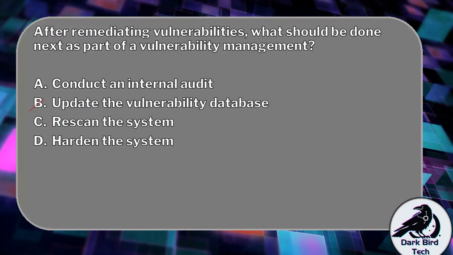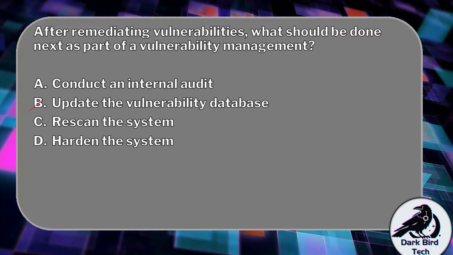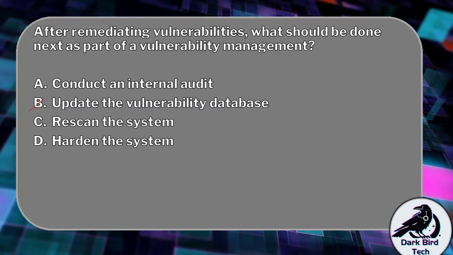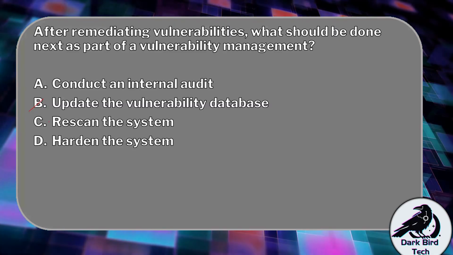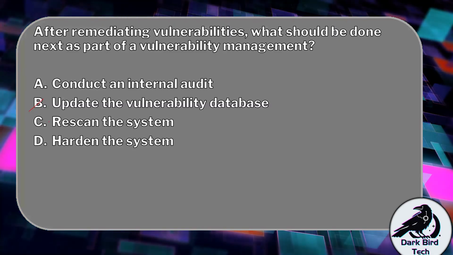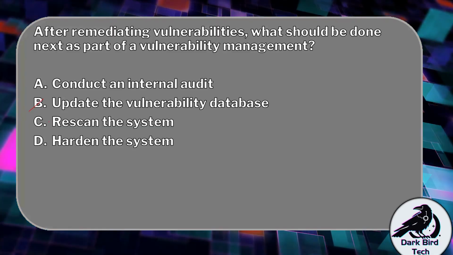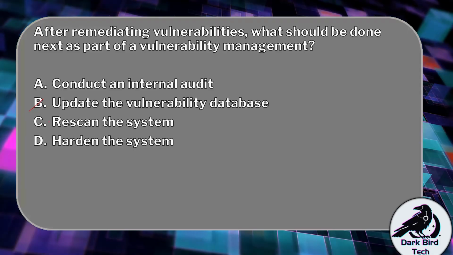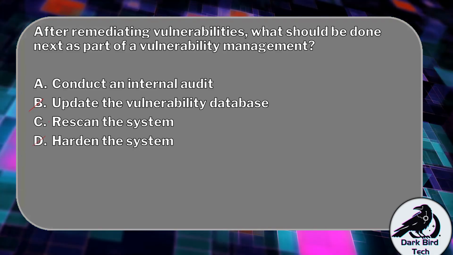I'm liking that. But what about hardening the system? Well, technically speaking, vulnerability management is part of the system hardening practices we encourage. So we're kind of already doing that, unless they want us to do even more, but then they must elaborate more. So I'm not liking that.